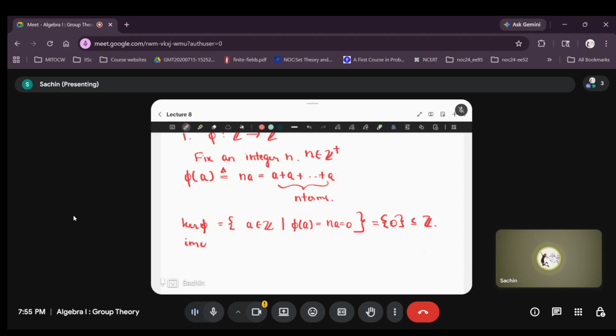Then the image in this case is... the image of a is na, right? So it's a. No, how will you get the entire thing? You can't even get zero, unless a is zero.